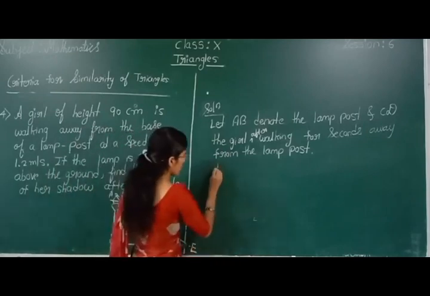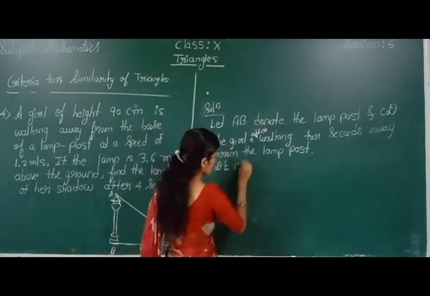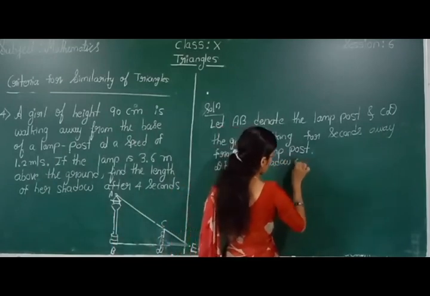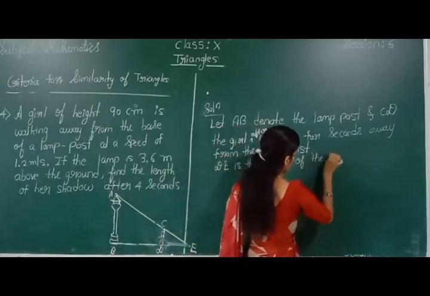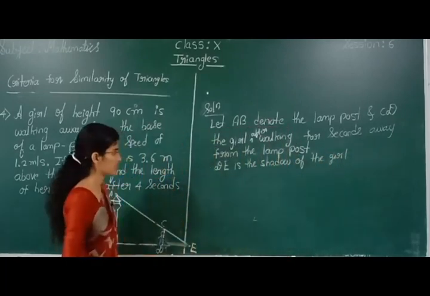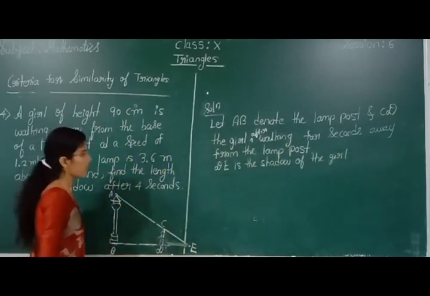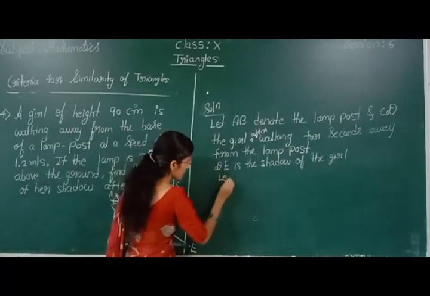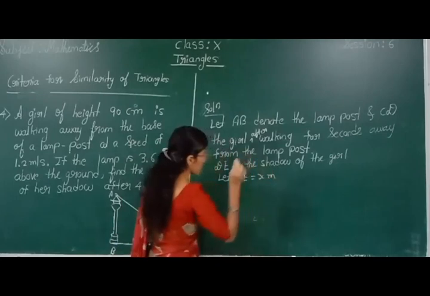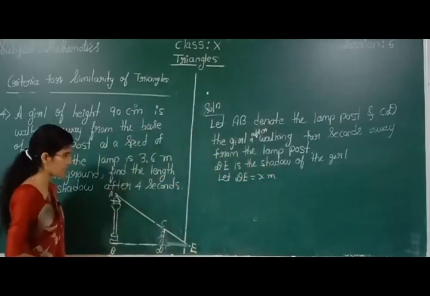Here DE is the shadow of the girl. We have to find DE. Let DE is equal to x meter. We don't know, right? We will take it as x.